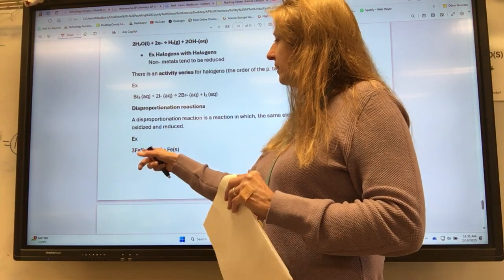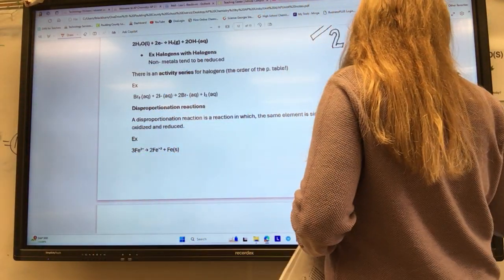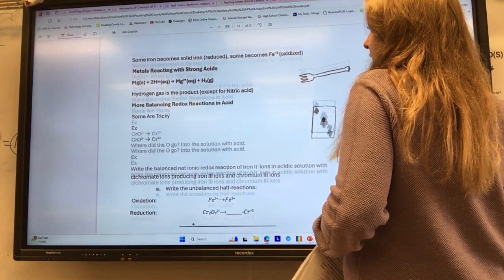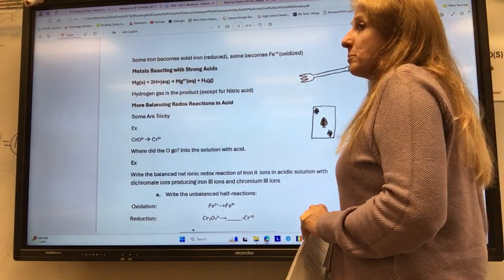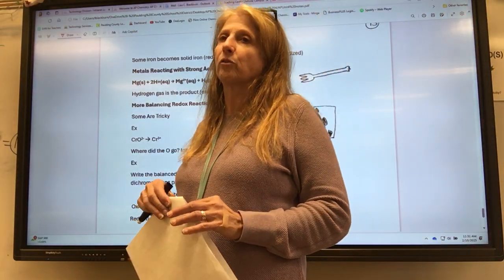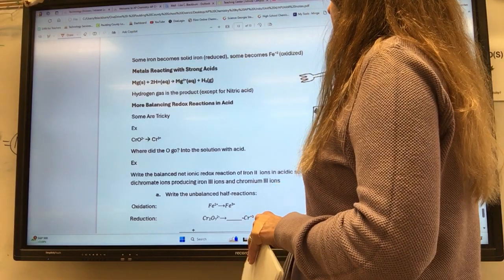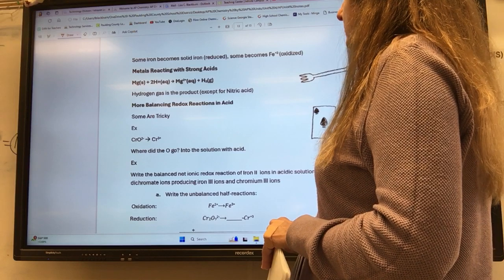So some of it's gaining electrons and some are losing. So just know it's out there. And I sort of wanted to touch it because my kids always ask about it. And I'm like, it can do it. Sometimes I'll explain it to them when they'll ask. I'm like, remember, there's more than one copper. There's cupric and cuprous, right? So some iron becomes solid, iron is reduced, some becomes iron ion plus 3 and is oxidized.